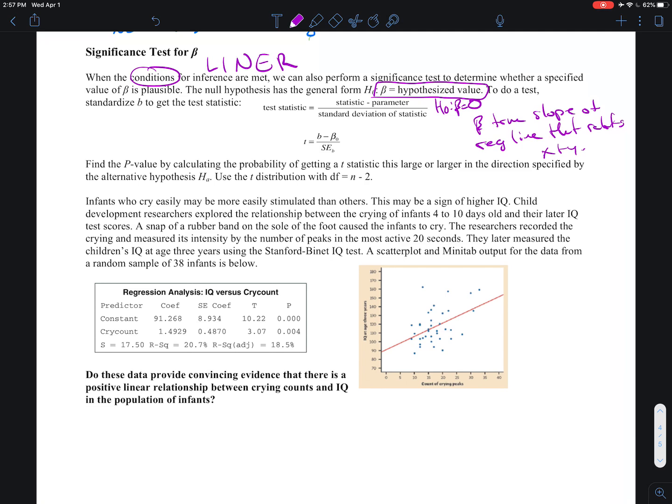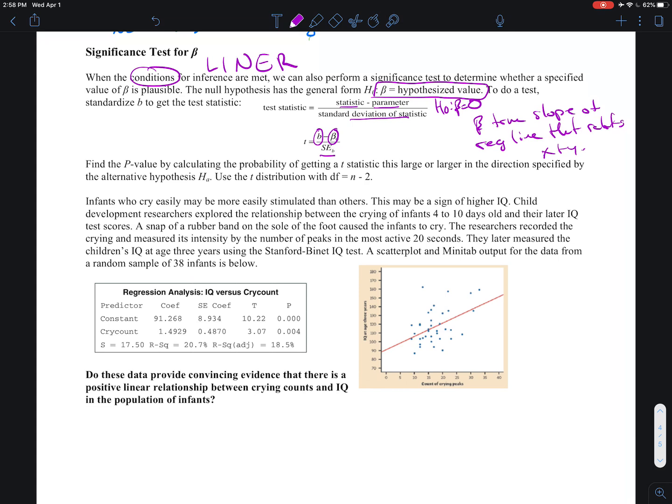The test, like every test we've done, is the statistic minus the parameter over the standard deviation of the statistic, yet in the case of the regression line, we use the standard error. The statistic, the sample slope, is b. The parameter we're estimating is beta under the null, and then we'll be dividing by the standard error that we get from b.